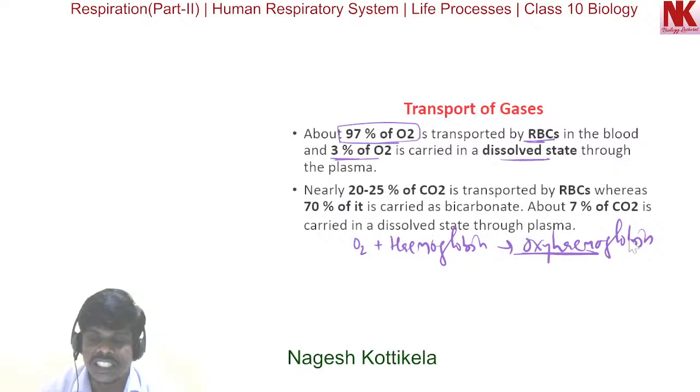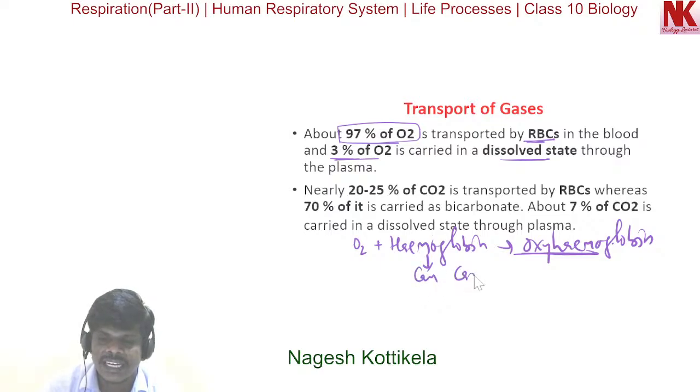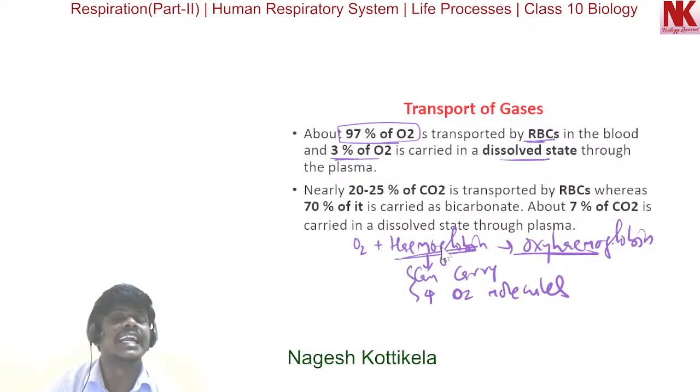Oxygen can bind with hemoglobin in a reversible manner to form oxyhemoglobin, and each hemoglobin molecule can carry a maximum of 4 oxygen molecules.